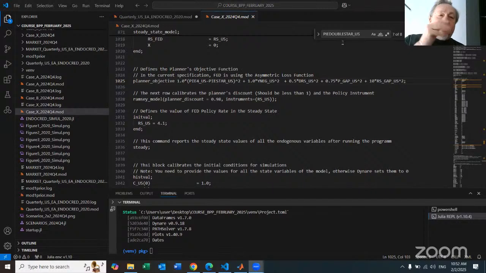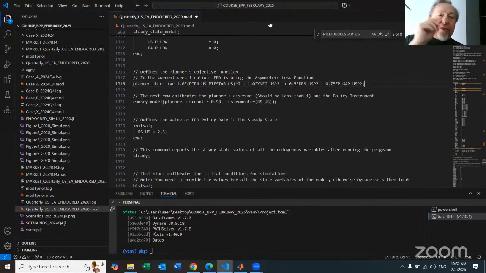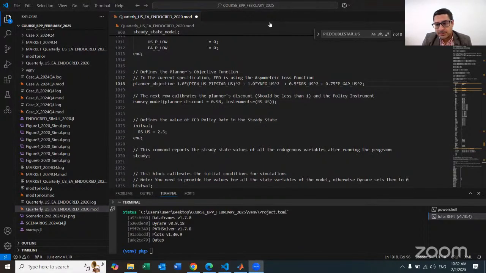So I just wanted to say that there's two ways that you can think about this loss function. One is that you're trying to mimic the behavior of the Fed. Bob Tetlow in Georgia a few weeks ago said that the Fed was the only central bank in the world that actually does this level of sophistication where you use a loss function instead of a reaction function, and obviously that's not true because we've been using it for quite some time.